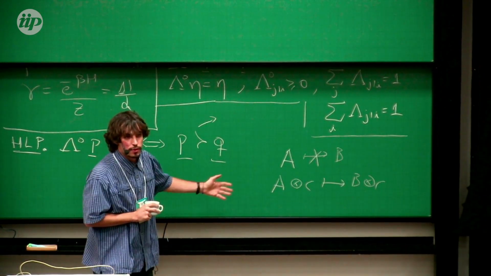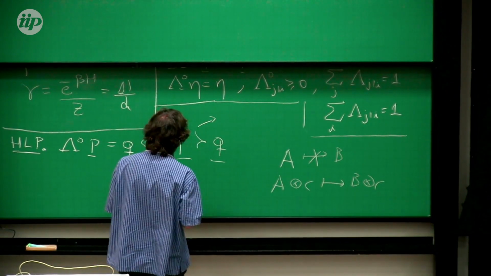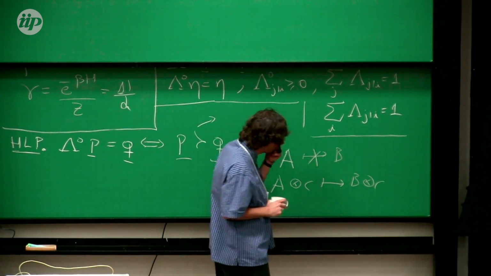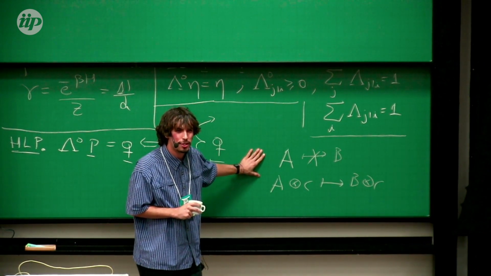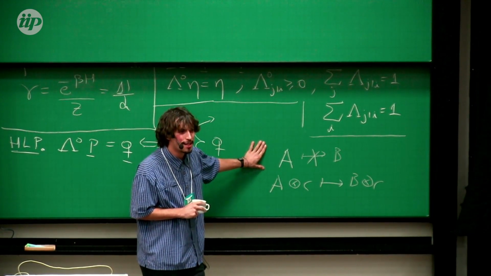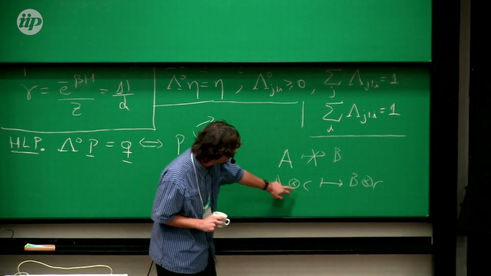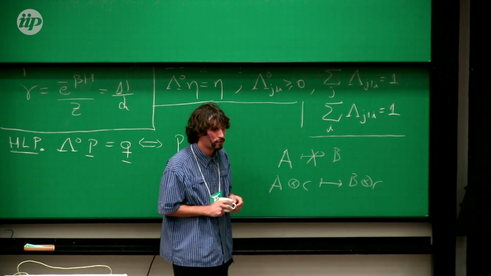This was first discussed by Jonathan and Plenio in 1999, I think. There they were looking at the case of entanglement manipulation under local operations and classical communication. It was precisely this case that you couldn't transform, but by bringing this auxiliary system, which is a catalyst, you could perform this transformation.